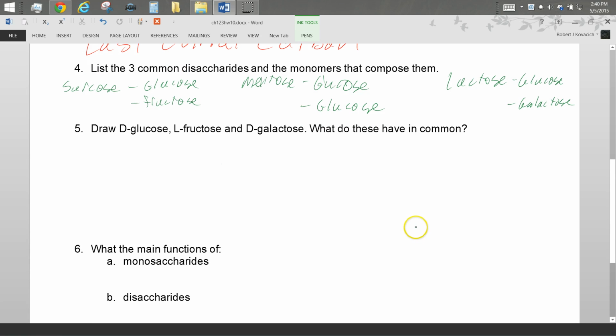Draw D-glucose, L-fructose, and D-galactose. What do these all have in common? All right, so D-glucose, I didn't really say which way we wanted to do it, so I guess a Fischer projection would do. Is that right? Down.